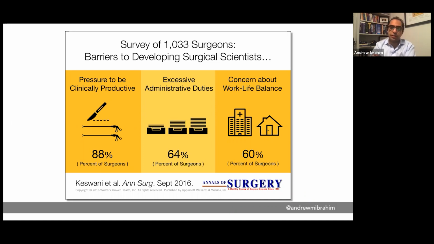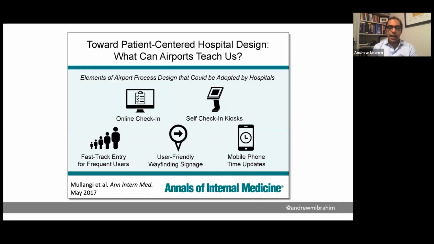The three most common complaints were pressure to be clinically productive, excessive administrative duties, and concern about work-life balance. This is a piece in the Annals of Internal Medicine, actually an opinion piece, not a research article, comparing hospital and airport design and identifying 5 elements of airports that we could potentially bring into hospitals.